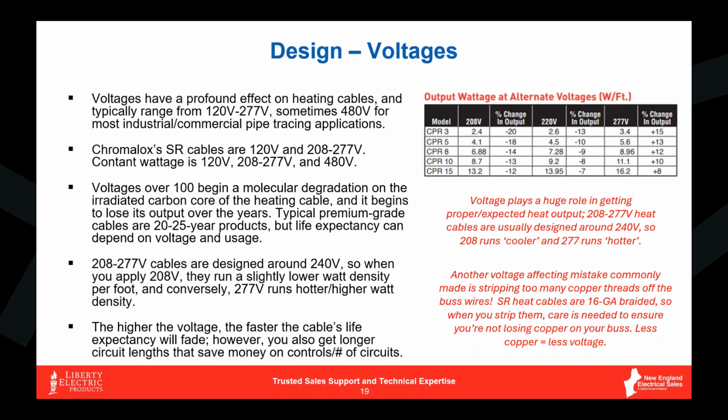Make sure that they're still covering you for the application, because obviously the worst case is you've lost enough cable life to leave this pipe now vulnerable to freezing. The cable shows it's still working, but you're not putting out enough heat to protect that situation, and then there's a problem. Okay, so just something to note there as far as how voltages will affect these cables.